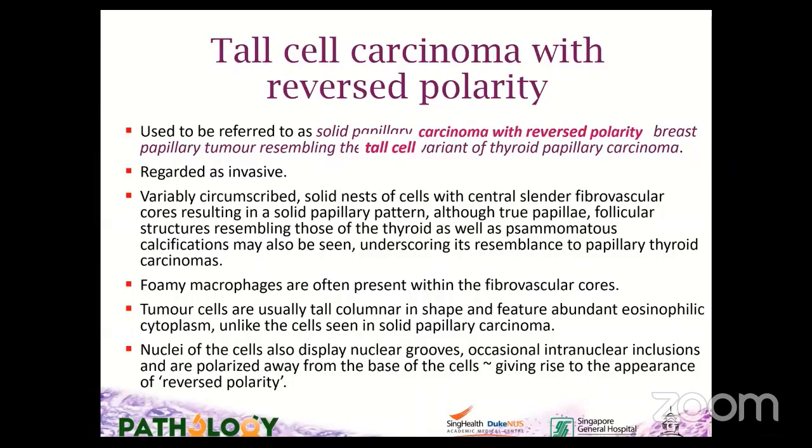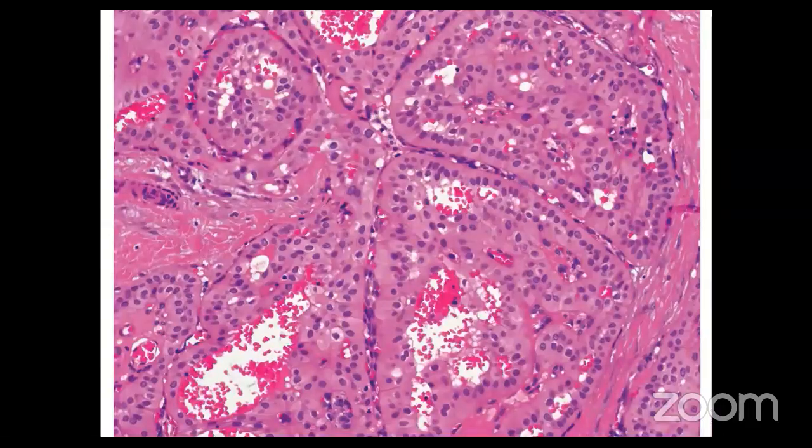The nuclei of these cells also display nuclear grooves, occasional intranuclear inclusions, and the unique morphologic feature is that they are polarized away from the base of these cells, giving rise to the appearance of reversed polarity.